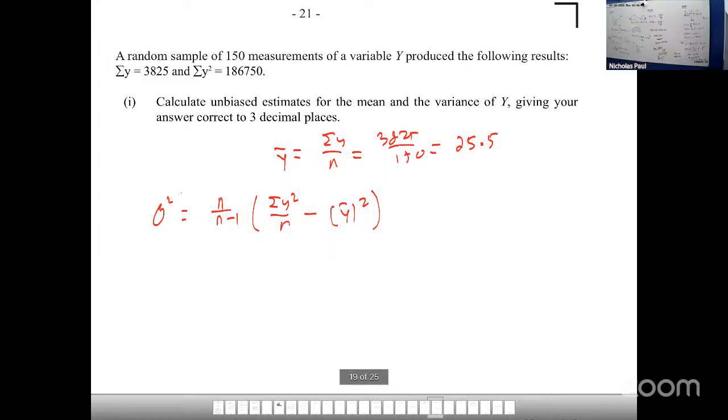If you use this, it is the same thing as 1 on n minus 1, sum of y squared, y bar squared on n. Check it out.